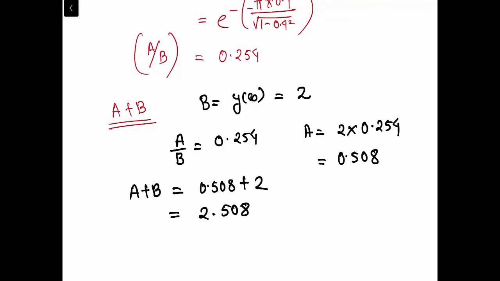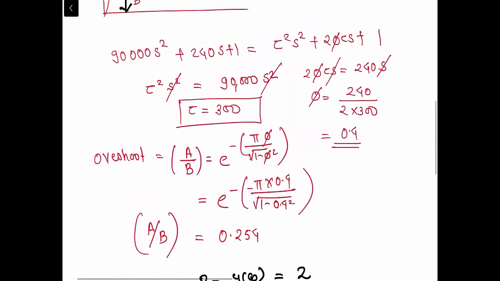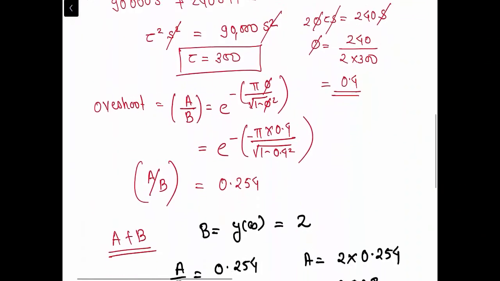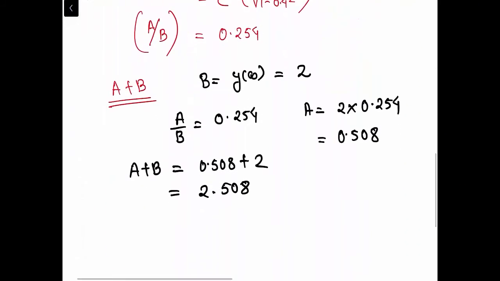And if you see the question, what is given in the question? We want what is observed before it reaches a new steady state. So what we have to calculate is this 2.508. If you see this, it is nothing but a deviation.